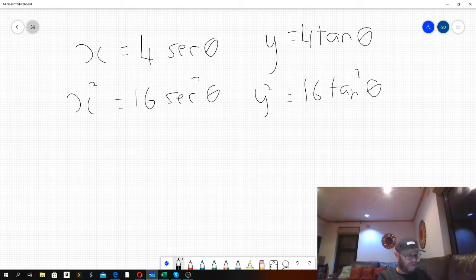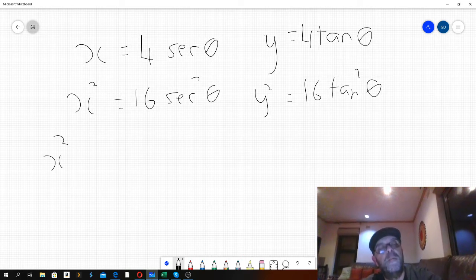Okay, so that doesn't look like there's too much change, but we do have some identities that involve sec squared and tan squared. So let's write x squared minus y squared.